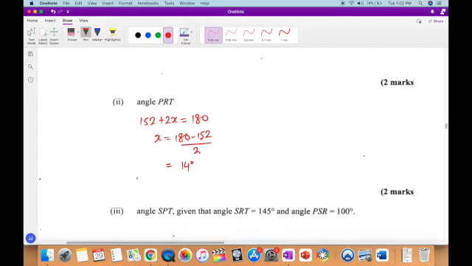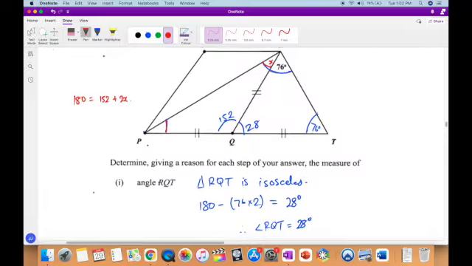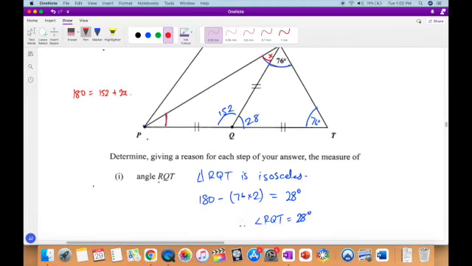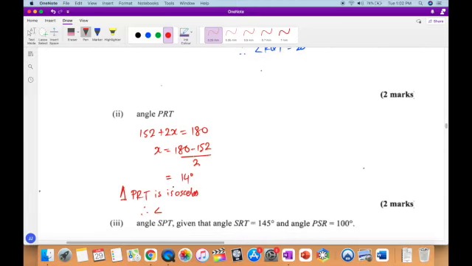So the reason here being that the triangle PRT is isosceles, therefore the angle at Q is 152 degrees.